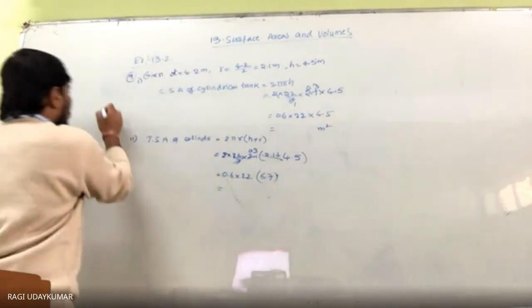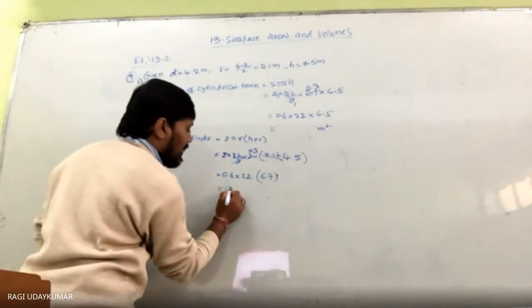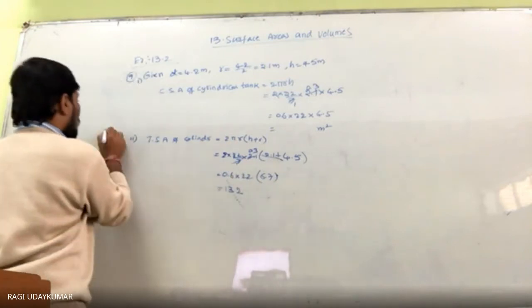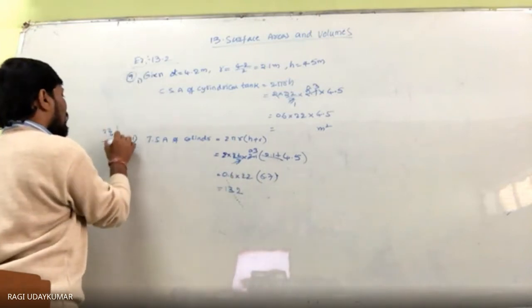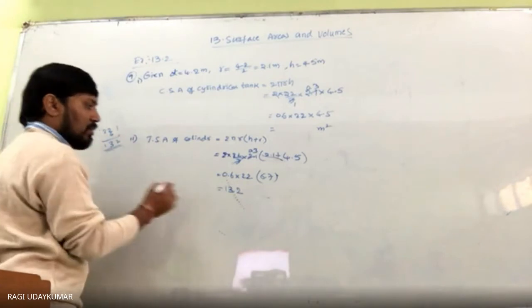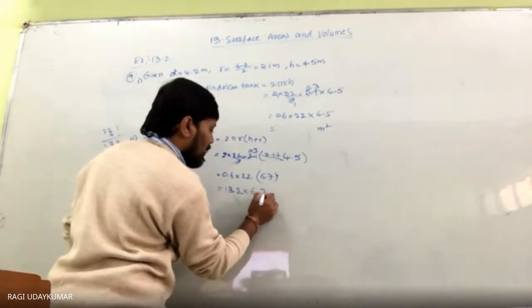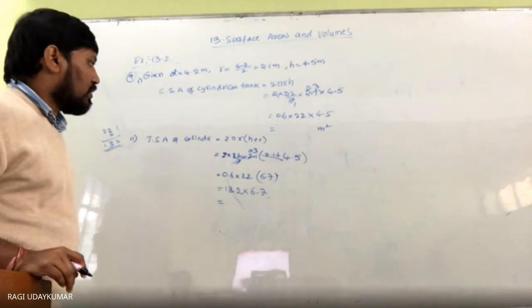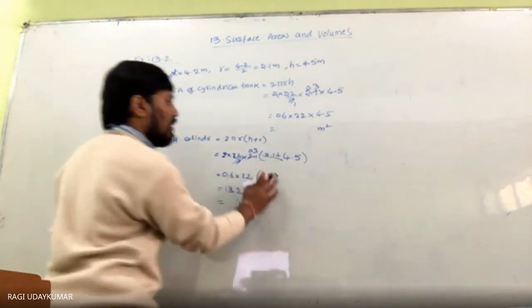So this is equals to 13.2. 12 into 6.7. Sir, 2.1 plus 4.5 is 6.6. 6.6.